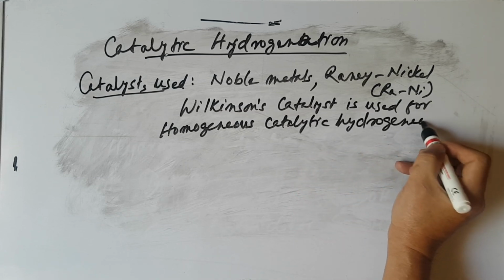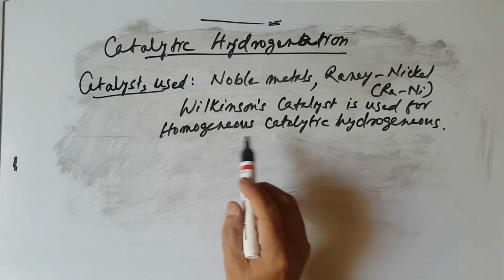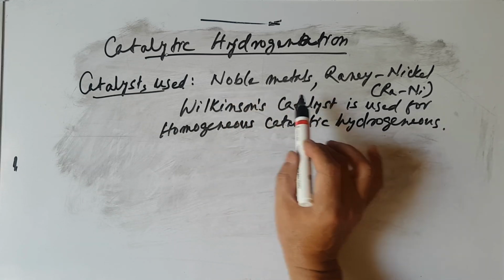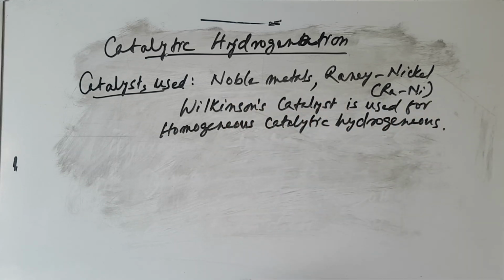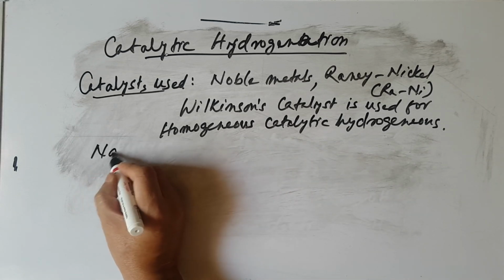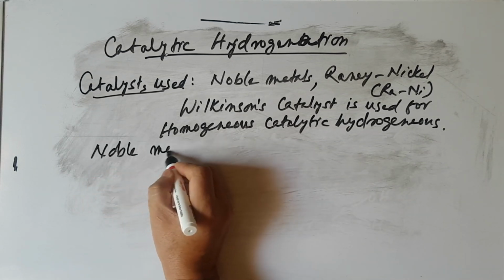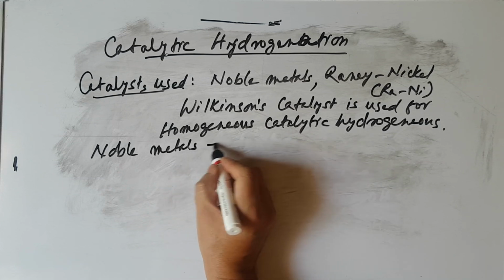For heterogeneous catalytic hydrogenation, you can use noble metals, Raney nickel, etc. Noble metals can be used in different ways.